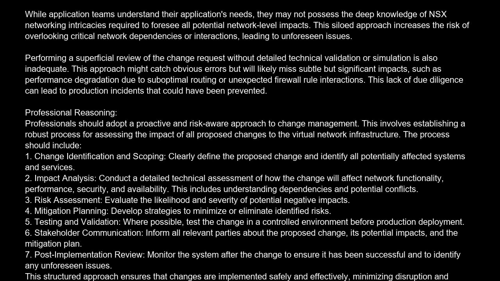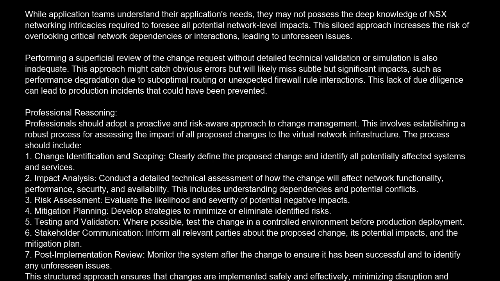3. Risk assessment. Evaluate the likelihood and severity of potential negative impacts. 4. Mitigation planning. Develop strategies to minimize or eliminate identified risks. 5. Testing and validation. Where possible, test the change in a controlled environment before production deployment. 6. Stakeholder communication.